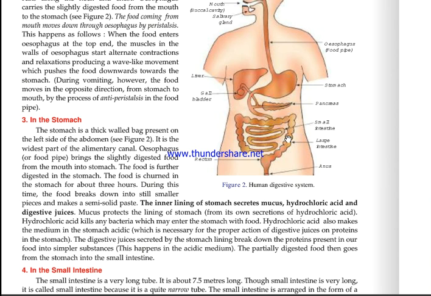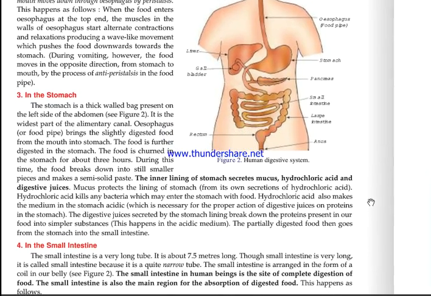The main function of the large intestine is that it helps to remove the undigested food from the body, and it absorbs water molecules from the undigested food.